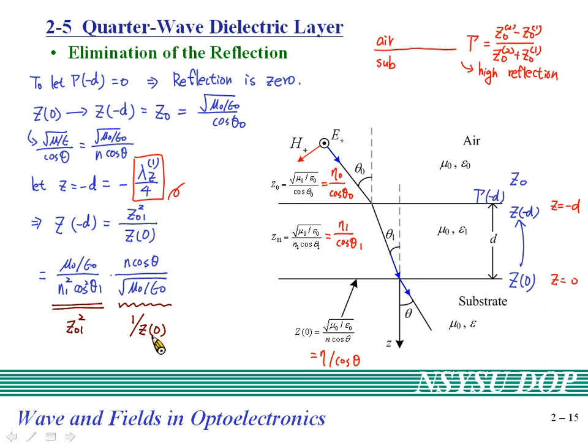So by using the quarter wave dielectric layer for material 1, we can transform the impedance from Z of 0 to Z of minus d, and the value of Z of minus d is expressed here. After we know the value of Z of minus d, let's see how to make the reflection to be 0.